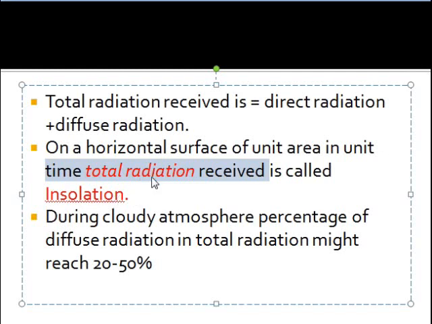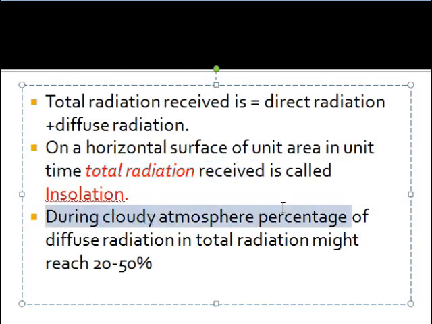And why it is important to study this is, during a cloudy atmosphere, some percentage of diffused radiation will be there, and it can reach up to 20 to maximum 50%.